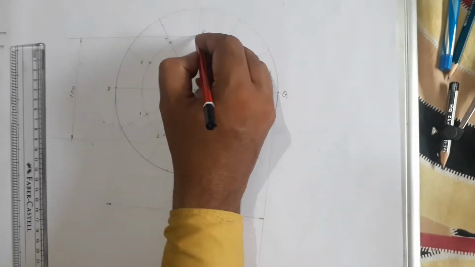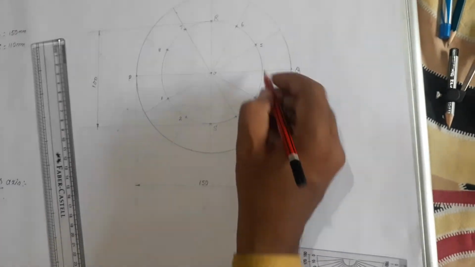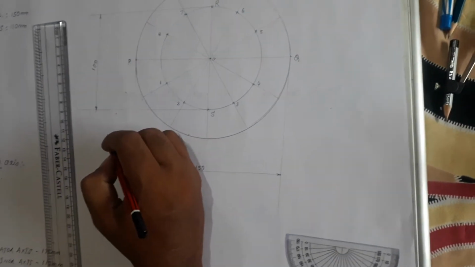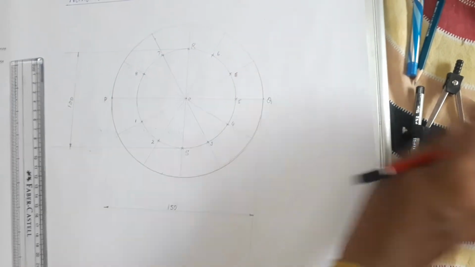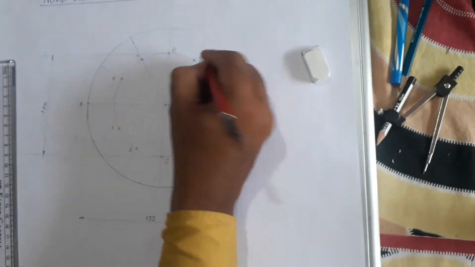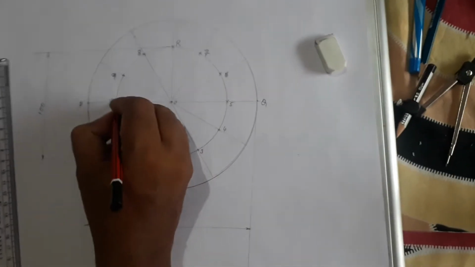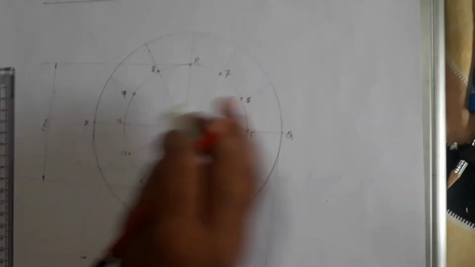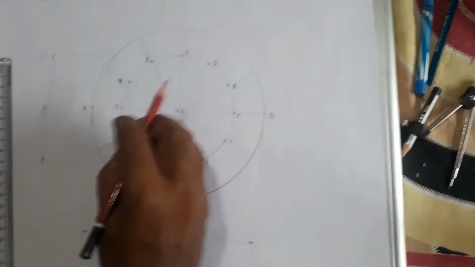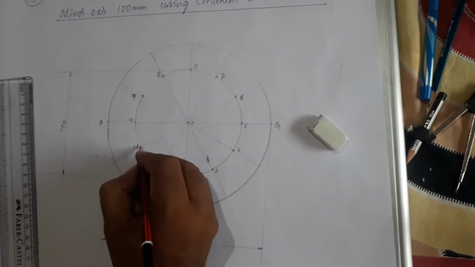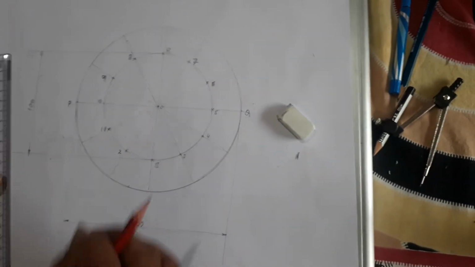Call the extreme points of the outer circle P and Q, the extreme points of the inner circle R and S, and name the points 1, 2, 3, 4, 5, 6, 7, 8, 9, 10. Like this, you should name them.